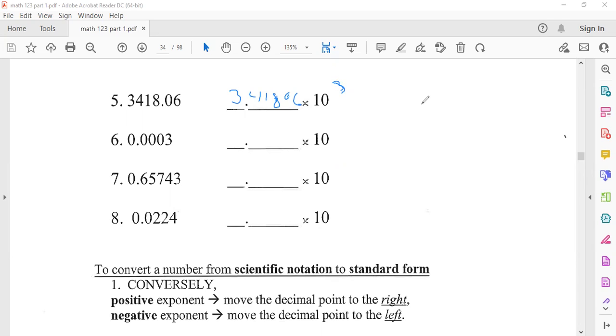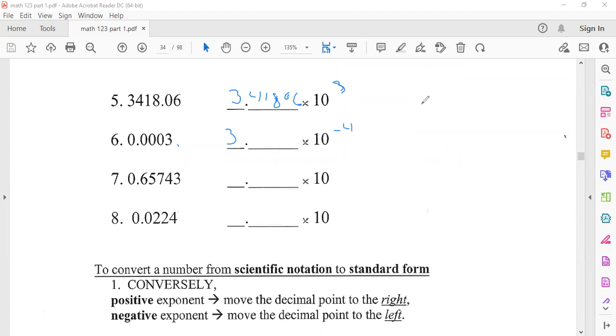Now we have our first one that is a small number. So I need the decimal to be over here. To get it over there, I'm moving it 1, 2, 3, 4 places.